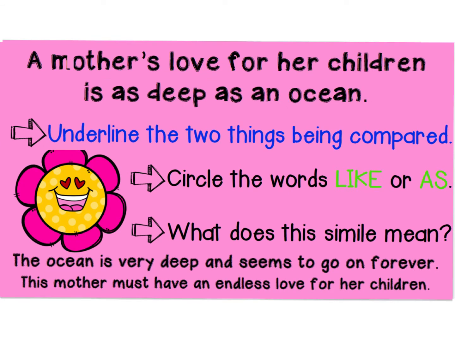Let's do another one for practice. This simile is: a mother's love for her children is as deep as an ocean. Okay, so if we're thinking about the two things that are being compared, we are comparing a mother's love to an ocean.